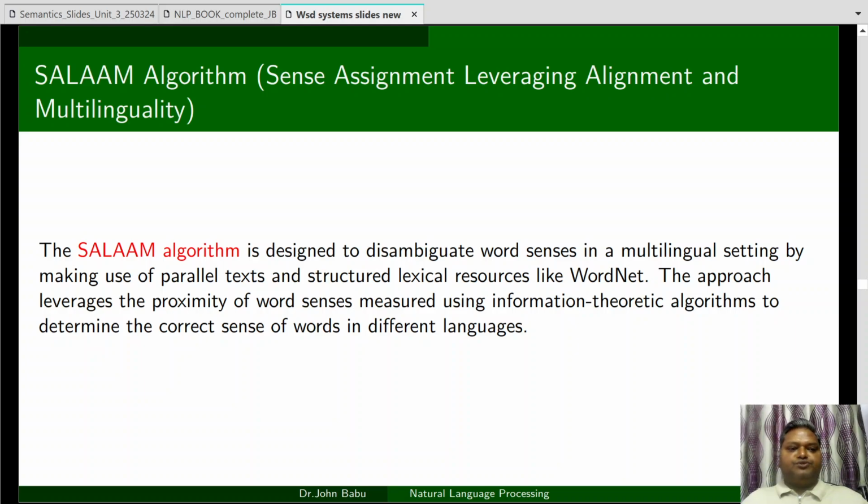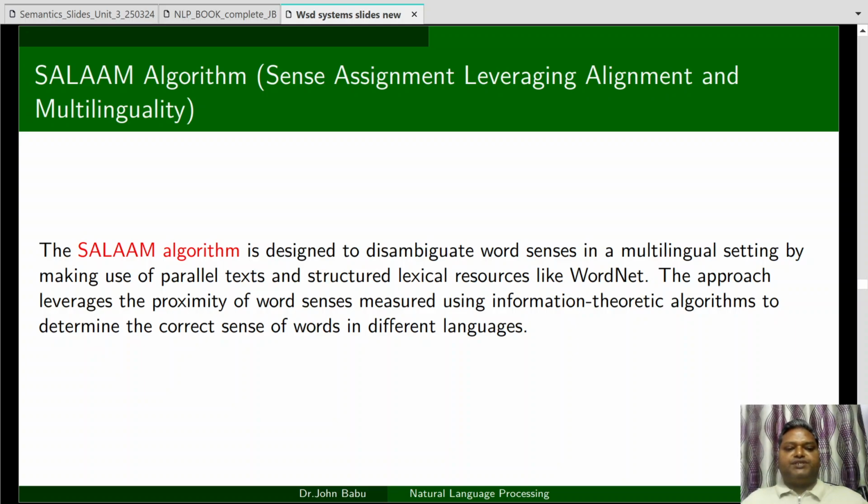This algorithm is known as SALAAM algorithm, sense assignment leveraging alignment and multilinguality. So this is used in a multilingual setting when we want to disambiguate certain words in a particular language.